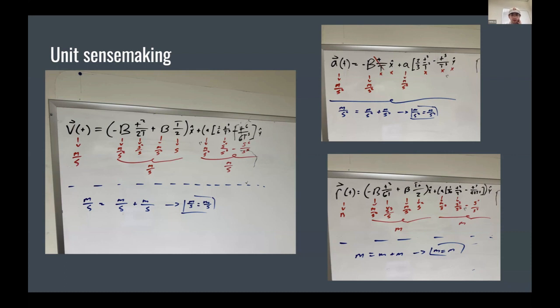So for acceleration, it breaks down into meters per second squared on both sides, and so that checks out, and it kind of shows us which variables to use. And then it's going to be the same for velocity and position respectively. So you have meters per second in velocity and meters in distance traveled.